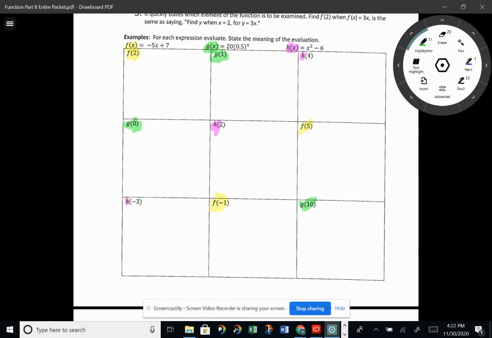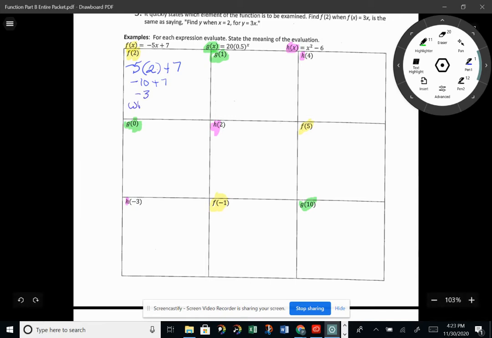For function f, we're going to substitute in, because this 2 is going to go into that. So you're going to have -5 times 2 plus 7, because we're inputting 2. -5 times 2 is -10, plus 7, and -10 plus 7 ends up being -3.